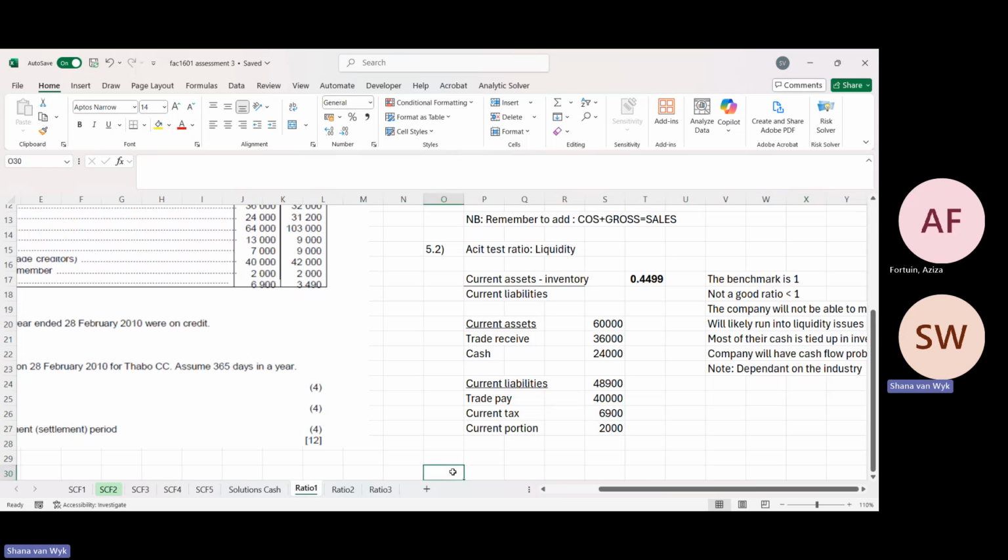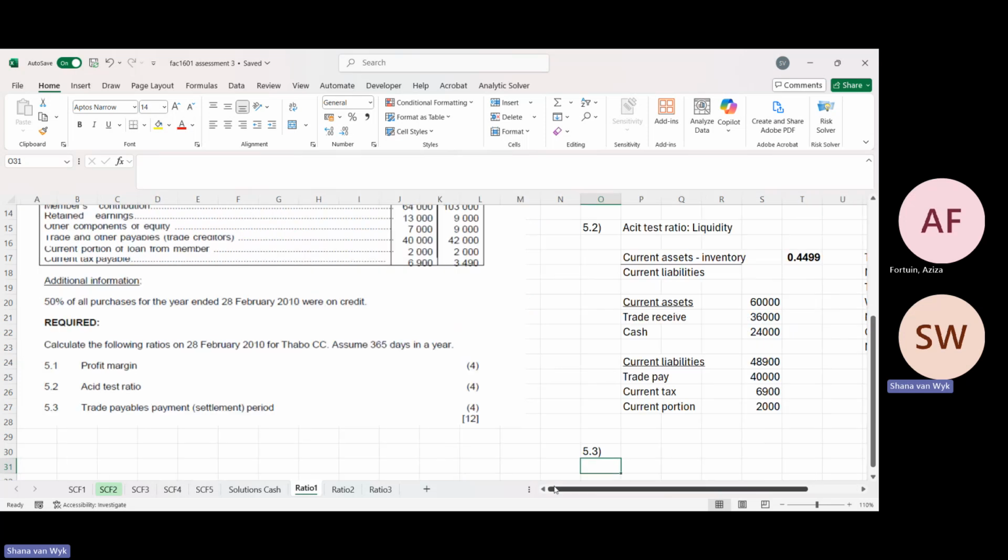And the last one, 5.3. Let's go to the next one. 5.3 was trade payables payment settlement period. So this is also liquidity.